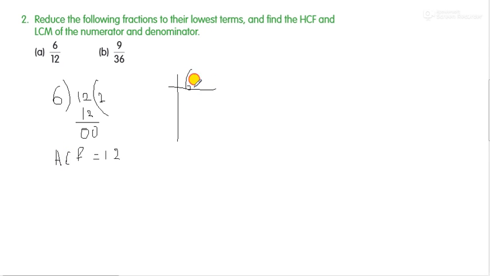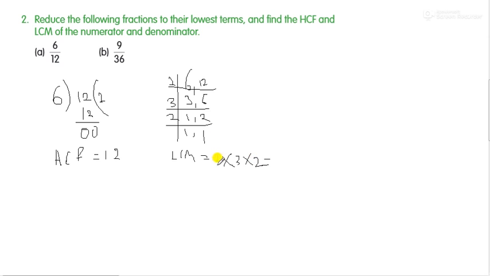So 6 and 12. 2 3s are 6 and 2 6s are 12. Next 3 1s are 3, 3 2s are 6. LCM equals 2 into 3 into 2.